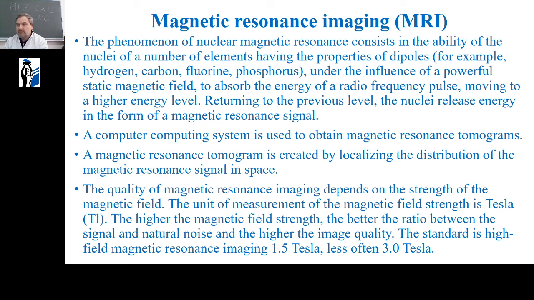In the first place, the main element used in magnetic resonance imaging is hydrogen. This is convenient due to the technical features of the device and because hydrogen is present in all organs and tissues in the human body.